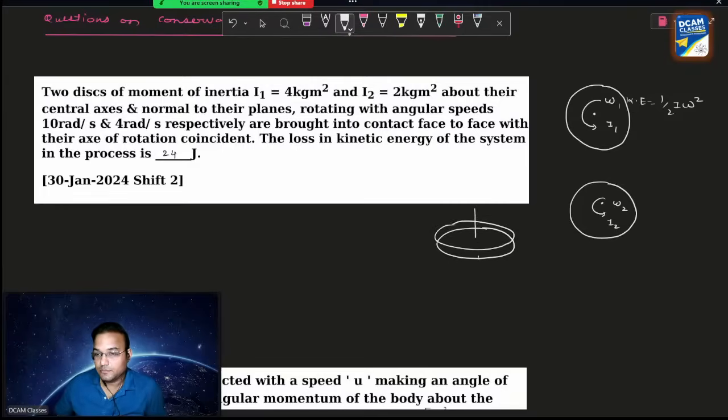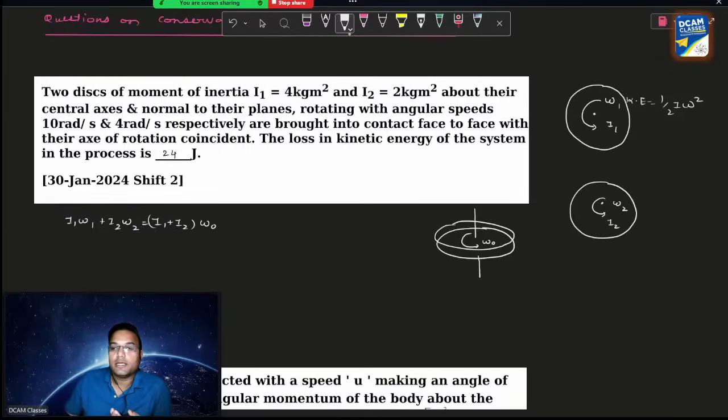Now, the first problem is you need to find out their combined angular velocity. So what will we do? Conservation of angular momentum will hold because there is no net torque. In the two disk system, friction on one disk will be equal and opposite to the friction on the other disk. The net torque on this whole system will be zero. So we can apply conservation of angular momentum. I1 omega 1 plus I2 omega 2 is equal to I1 plus I2 into omega naught.